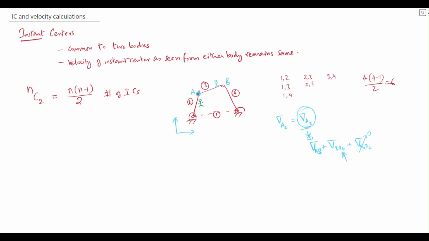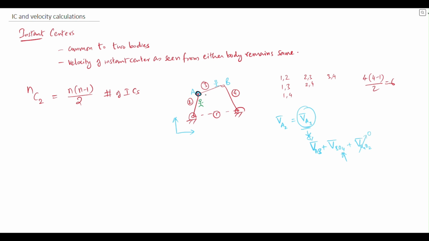So the absolute velocity of point A as seen by me would be the same as the absolute velocity of A as seen by you. And that makes physical sense because you cannot have A moving in two directions as seen from two different ground planes, or as seen from two different bodies. So in that manner, we can identify that all these revolute joints are essentially instant centers.